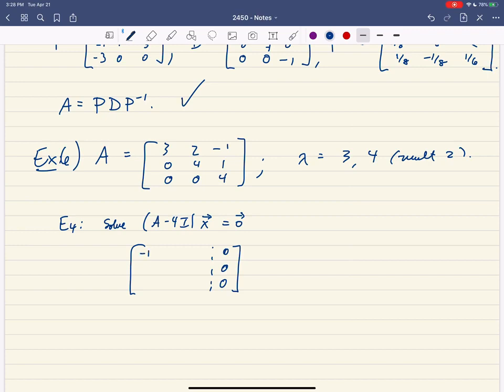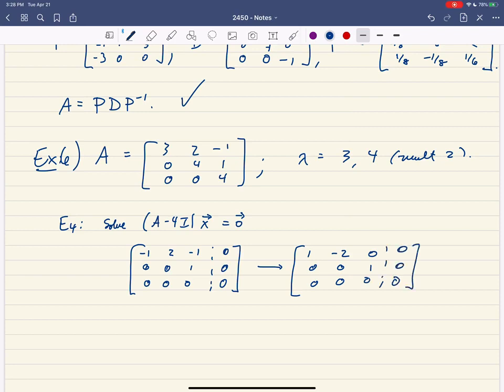That will give us -1, 0, 0. The rest of the values will be the same, so the off-diagonal values don't change. So -1, 2, -1, 1, 0, 0, 0. And it turns out that when we simplify this, we end up with 1, -2, 0, 0, 0, 1, 0, 0, 0.